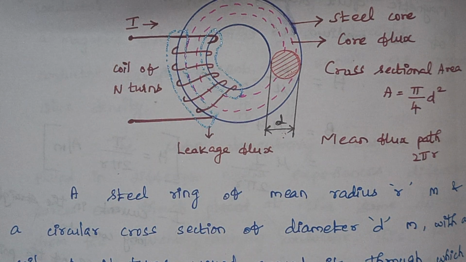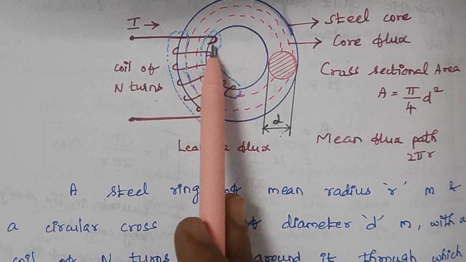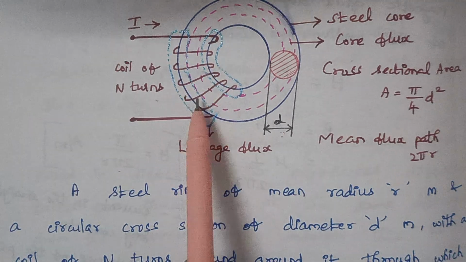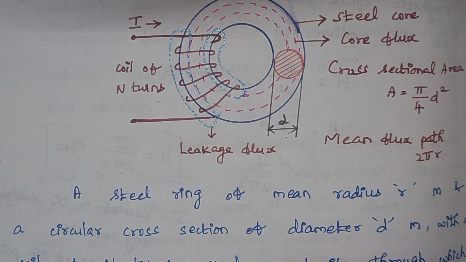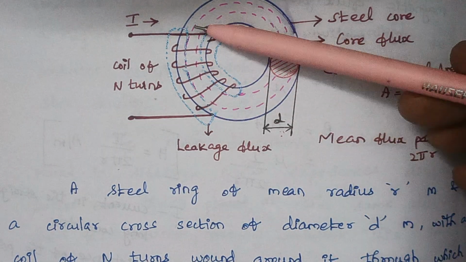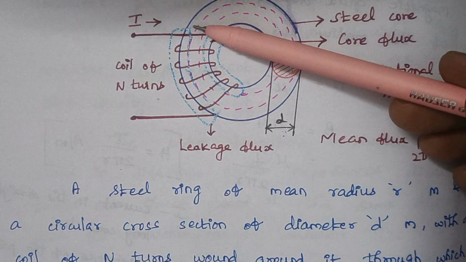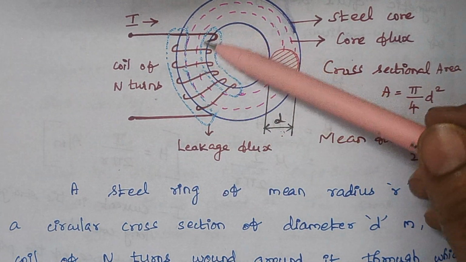So what happens next? Whenever the current flows through the coil, this creates a magnetic flux in the ring. Why is the magnetic flux created? Because of this current I, which flows through the n turns of the coil.